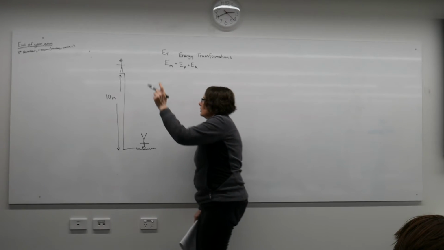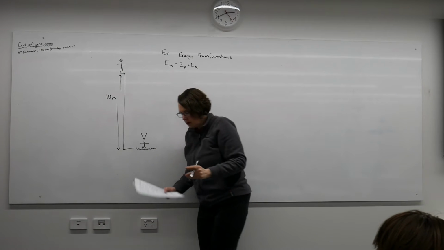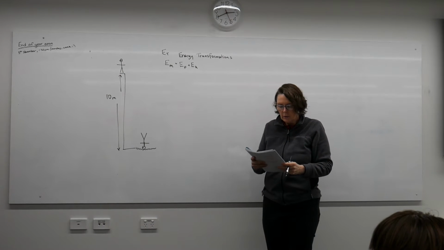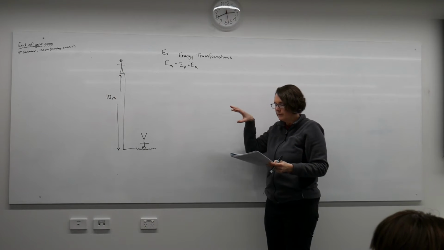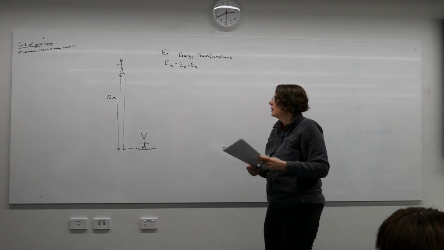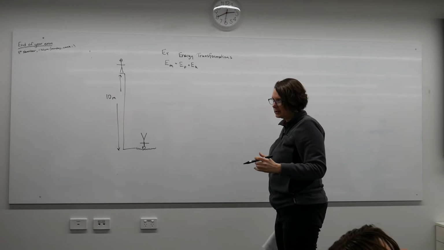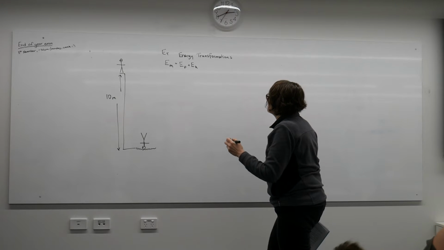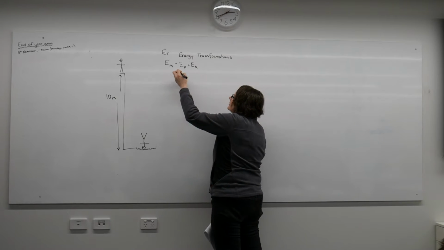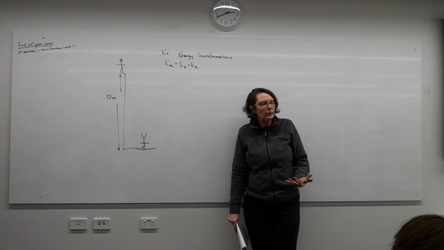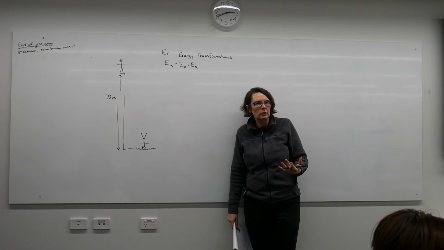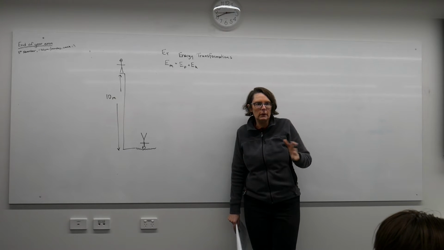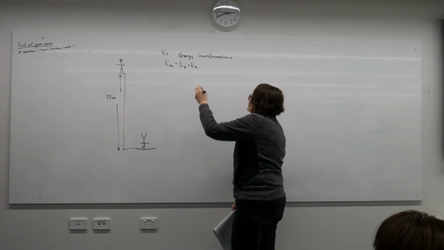Now, we start out by looking at this diver when she's at the top of the platform. So she's basically standing at the end of the diving board. That means then that all of her energy is potential energy because she's not moving at the top there.